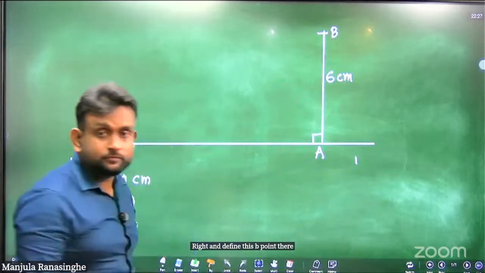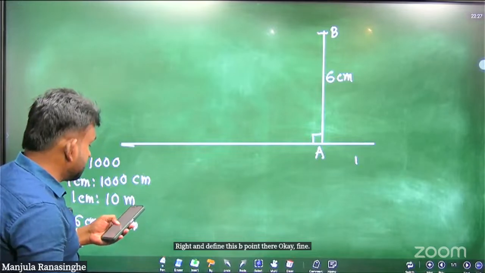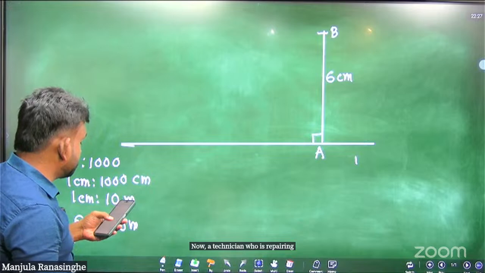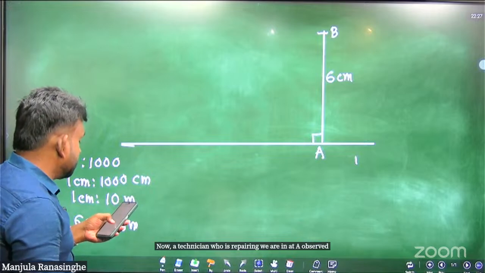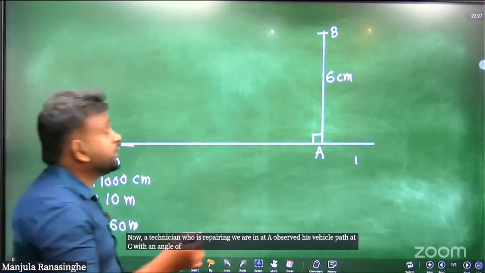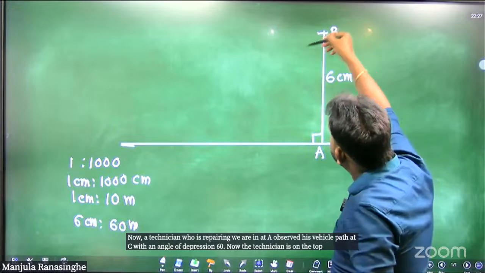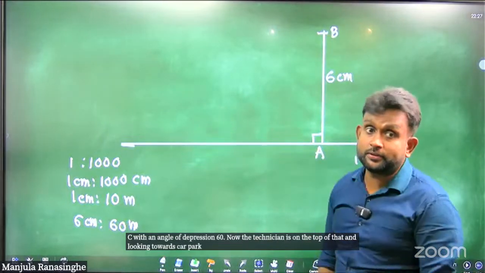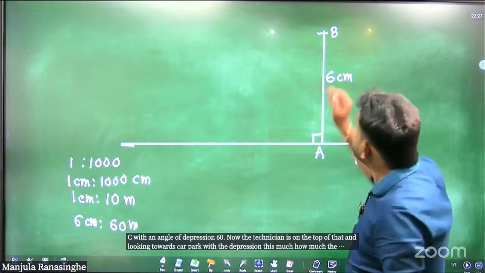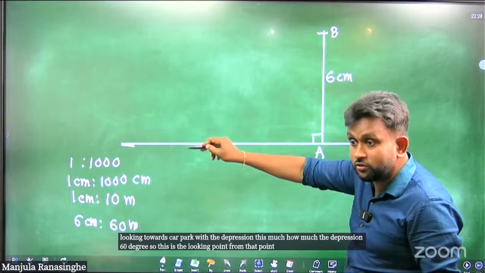Okay, fine. Now a technician who is repairing at A observed his vehicle parked at C with an angle of depression 60. Now the technician is on the top and looking towards the car park with the depression this much. How much is the depression? 60 degree. So this is the looking point. From that point, he is observing along the horizontal line.